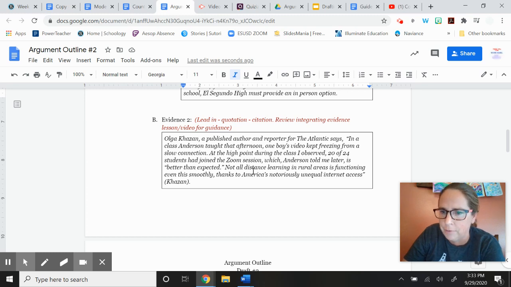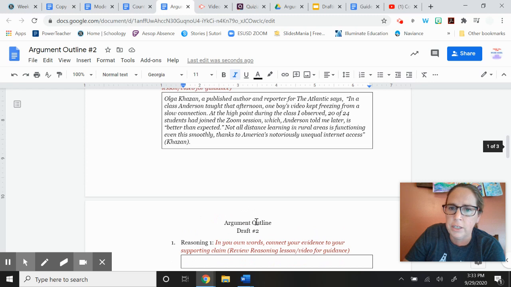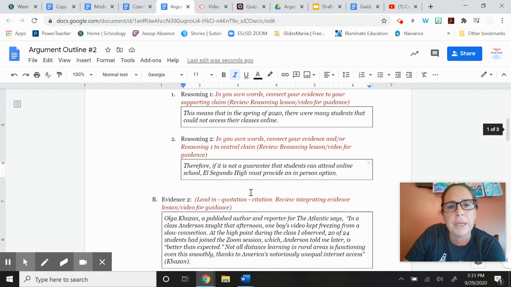This is a great piece of evidence, right? So again, we would be providing reasoning to it. We don't want to repeat the same thing. This one was about accessing it at all.